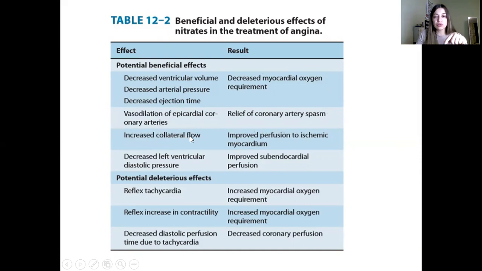Increased collateral flow improves perfusion in the ischemic myocardium. Decrease the left ventricular diastolic pressure, improves the subendocardial perfusion. So diastolic pressure reduced because that effect with the relaxation of muscles happens in veins, in peripheral veins, guys. Peripheral veins, please pay attention on that.